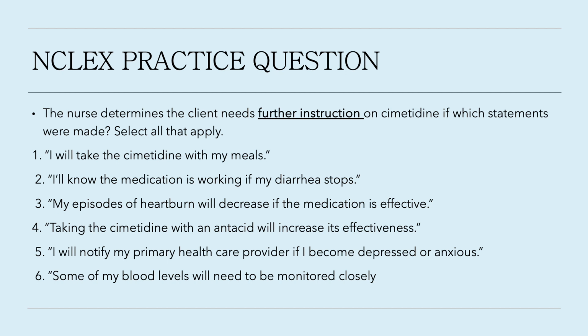Number 3, my episodes of heartburn will decrease if the medication is effective. Number 4, taking the cimetidine with the antacid will increase its effectiveness. 5, I will notify my primary healthcare provider if I become depressed or anxious. 6, some of my blood levels will need to be monitored closely. Give you guys a second.